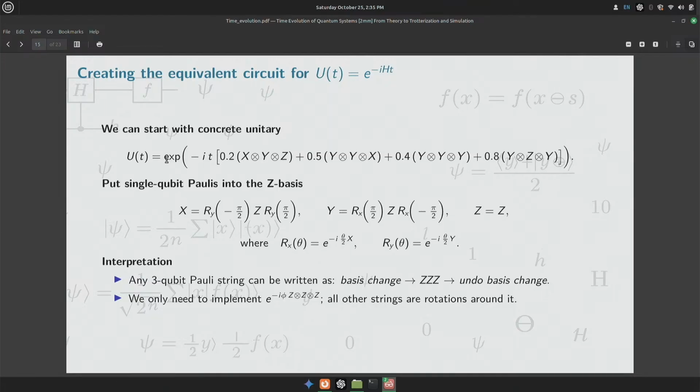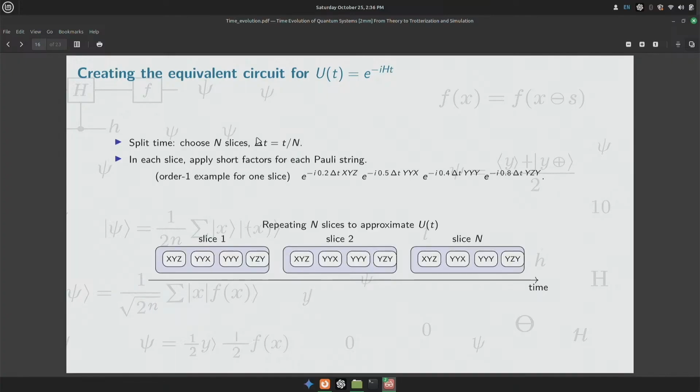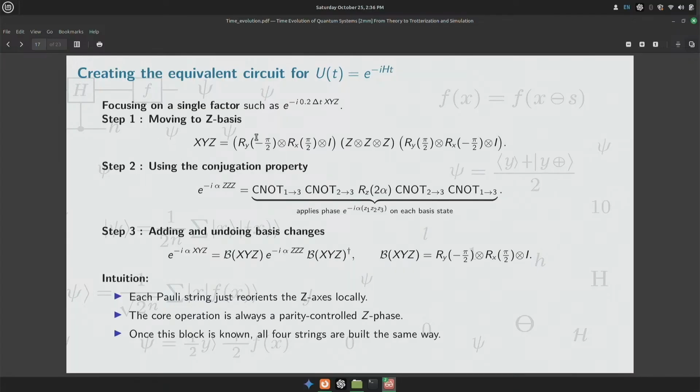what I'll do is I'll write X as Ry minus pi by 2 Z Ry plus pi by 2, and I can use these properties. And if I just replace this, I'll be creating those slices.